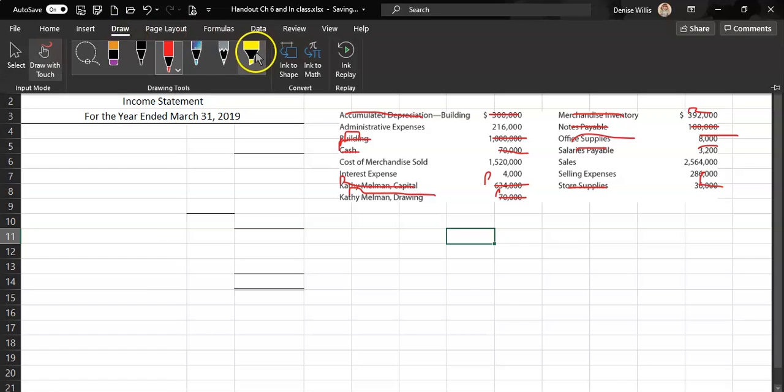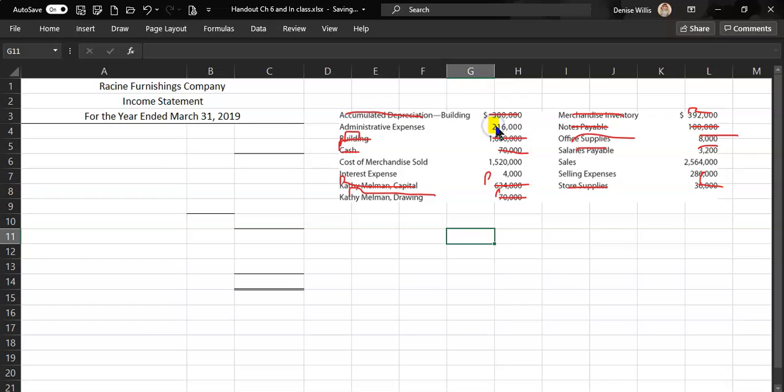So let me just very quickly remind you what we do need, since this is so easy. We're going to need the administrative expenses, the cost of merchandise sold, the interest expense, sales, and selling expenses. Out of this whole list of things, there's only 5 numbers you actually need.